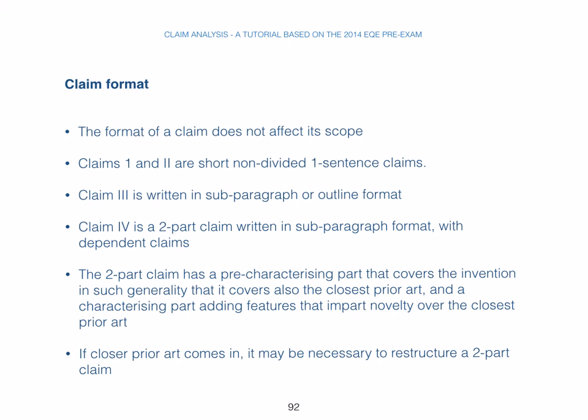Claim 4 is written as a two-part claim with subparagraph formats for the preamble, and it has several dependent claims. Note that the claim format, especially dividing into subparagraphs or not, does not change the scope of the claim, and the scope of the claim does not change if you use the word characterized in that or wherein. The scope of the claim will be the same.